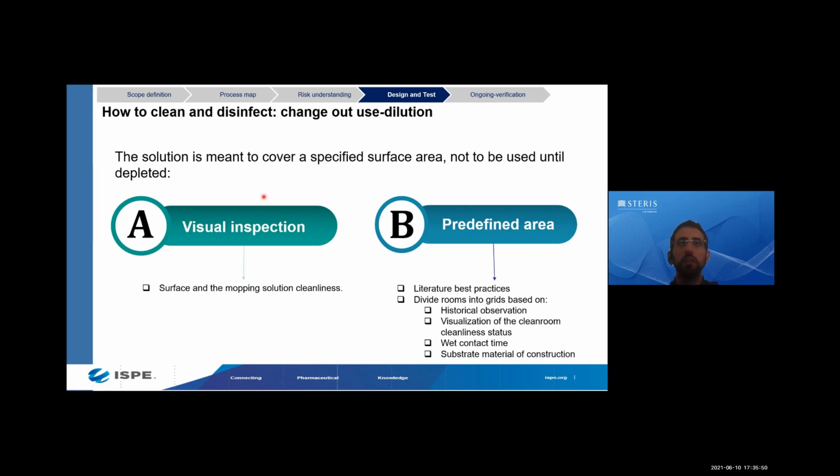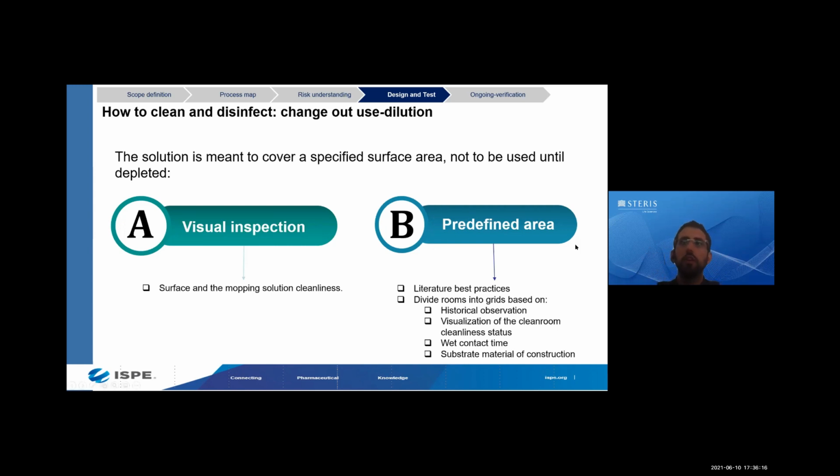So here, the practice in the industry is either a visual inspection of the surface of the mop or of the disinfecting solution. Again, if it is a visual inspection, that means you need to train your operators, because one may say the mop is dirty, the other says no, it's clean. You don't want to have some variability in that. So there is a need for a little training.